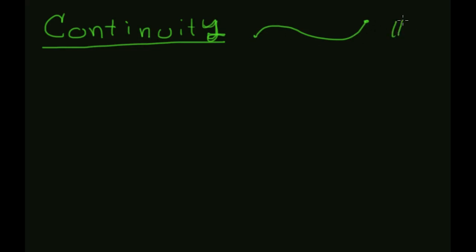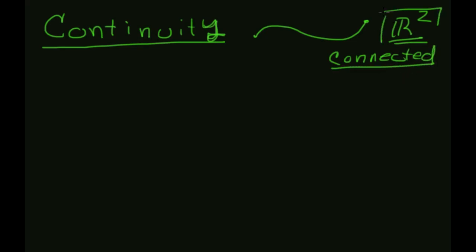And in R2, or 2 dimensions, that definition holds and works fairly well, because the definition of continuity and the definition of connected tend to be in agreement in 2 space.